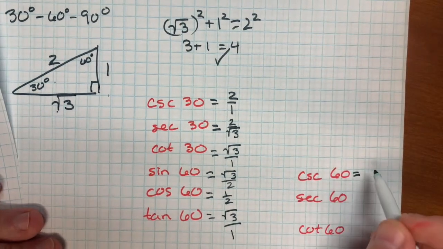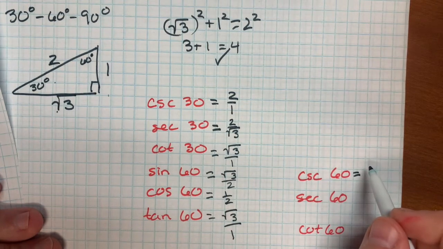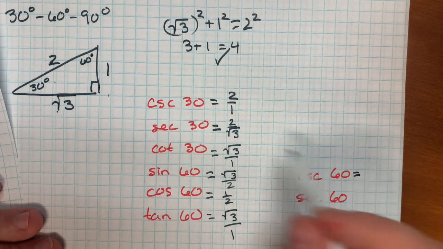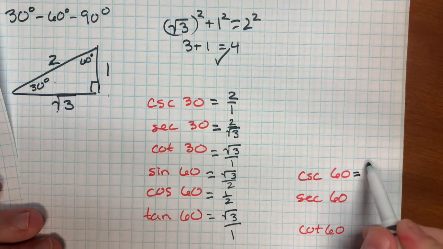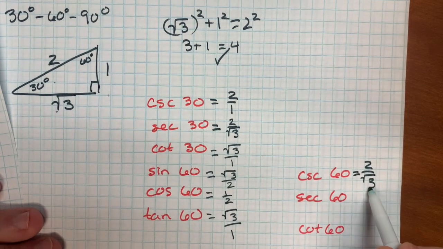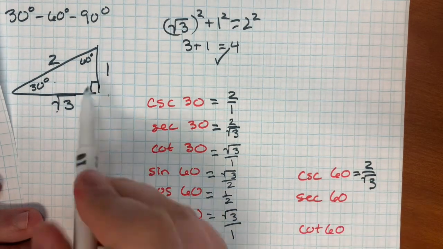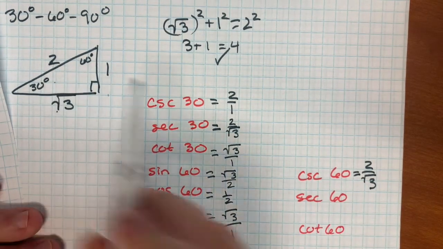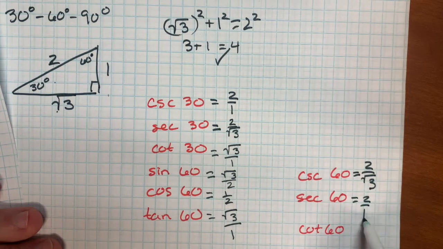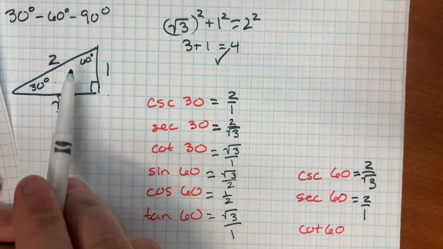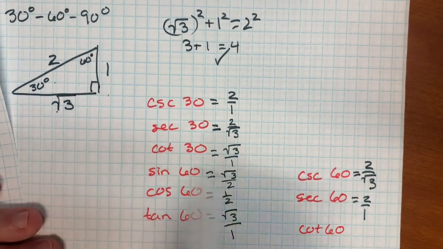Cosecant is hypotenuse over opposite, 2 over the square root of 3. Secant is hypotenuse over adjacent. Cotangent is adjacent over opposite.